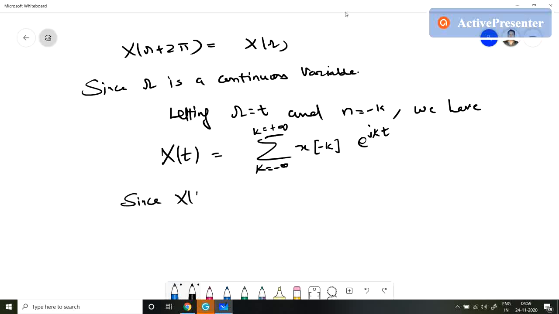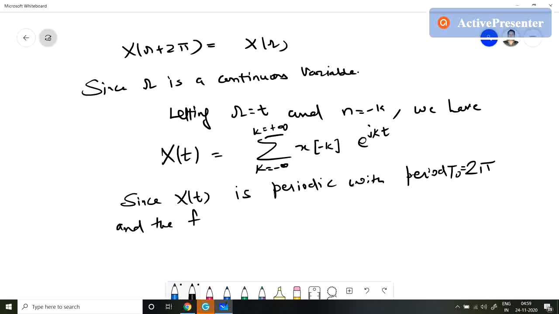Since x(t) is periodic with period T0 equal to 2 pi, the fundamental frequency omega naught is equal to 2 pi divided by T0, which is equal to 1.